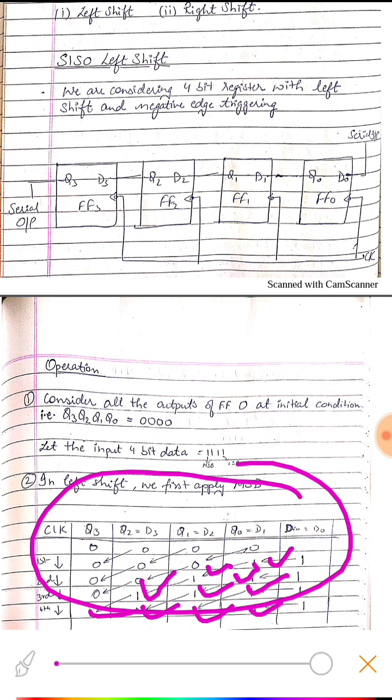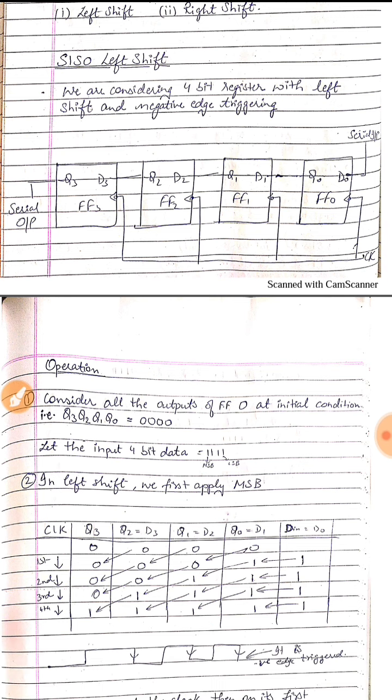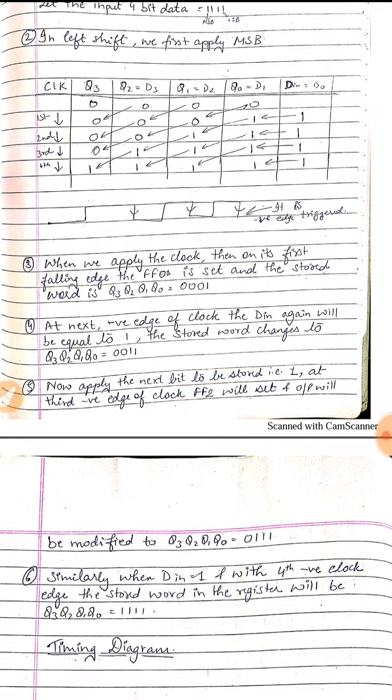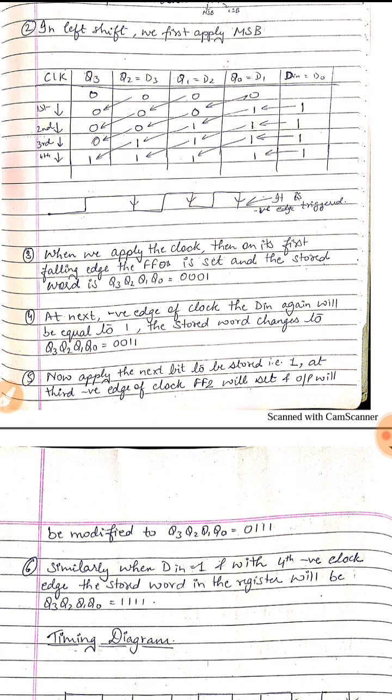So data is entering from the left side, that is the MSB is feeding into the register first. So this is left shift serial in, where we are feeding the data serially and getting it out of the last flip-flop in the series as well.